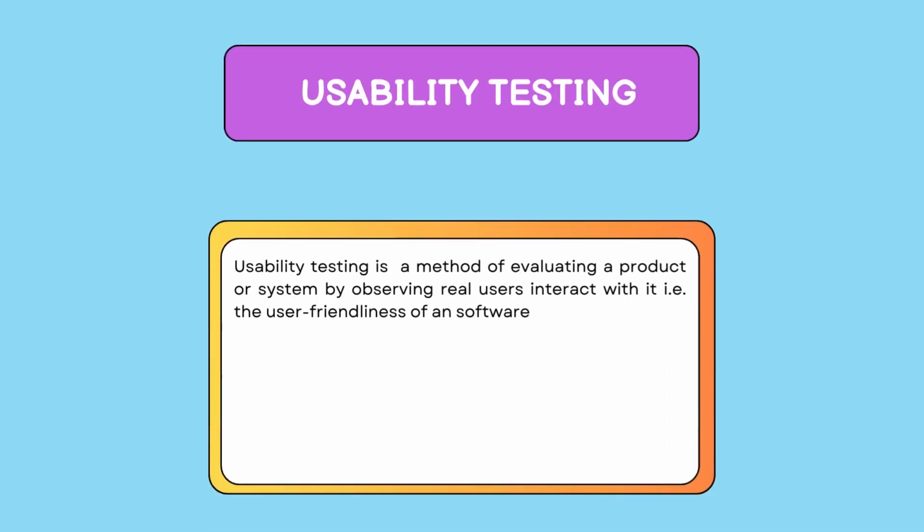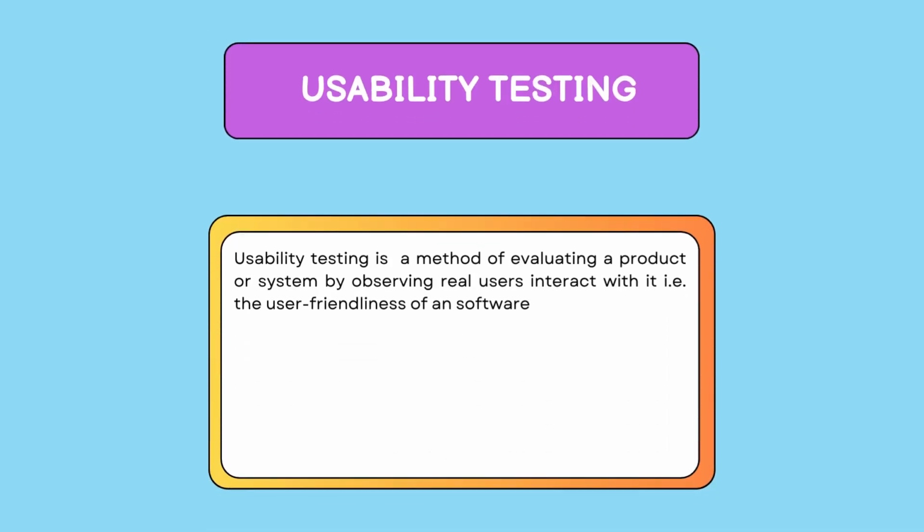Okay, so let's move to the next term, that is usability testing. So usability testing is a method of evaluating a product or a system by observing real users interact with it. That is the user friendliness of a software. So in the usability testing, we have to consider ourselves as an end user who will use the application. As a tester, we test here the user friendliness only, how user friendly the application is.